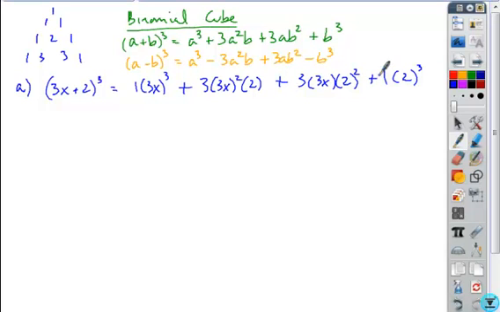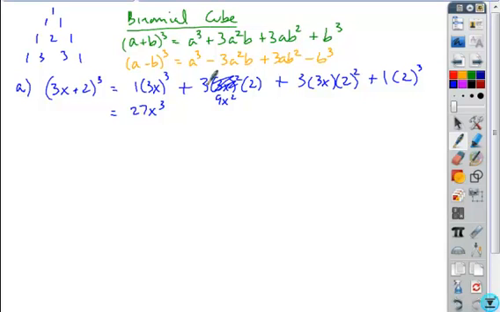Okay, so here is my simplified expanded form. All I need to do is actually work through and completely expand or simplify these expressions. So 3 cubed is 27, x cubed. 3x quantity squared is equal to 9x squared. So convert that out.